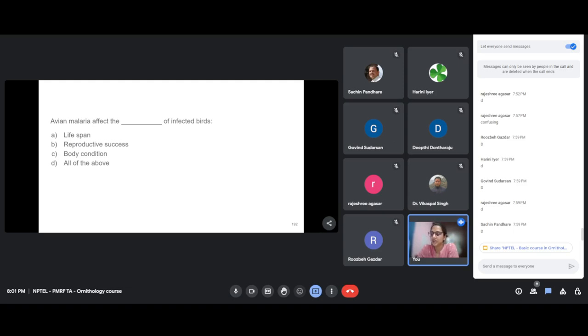And also there are other behavioral characteristics, for example vocal performance has been correlated with parasitemia load. So these are things that are coming up, and we are trying to look for more and more new parameters that can be used to explain the effects of infection levels, especially avian malaria, because it's not uncommon, it is quite common.